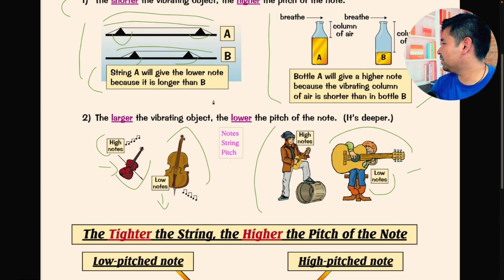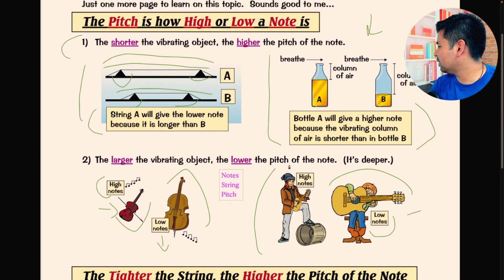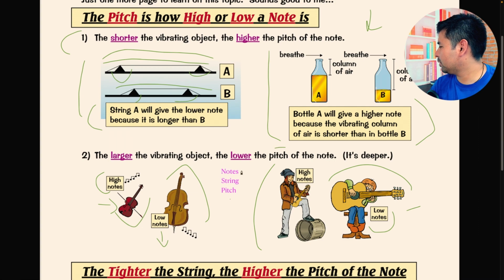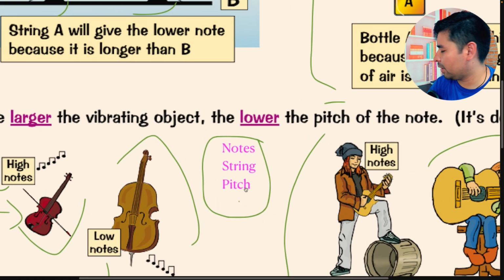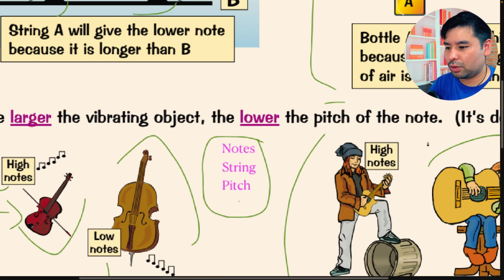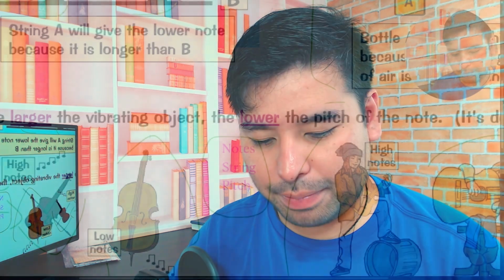Yeah, we have seen all of these words, right? So these 3 words, please search the meaning for me, okay? So again, notes, string, and pitch. I want you, student, to check the meaning of these words in Portuguese, or write it down, and then share with me. Good? So let's get back.